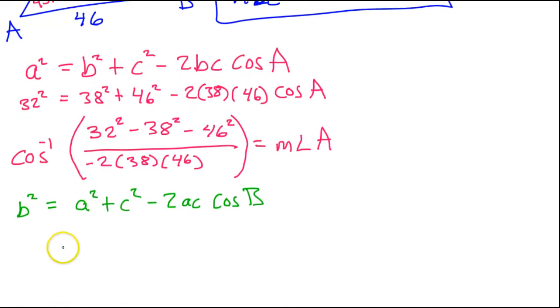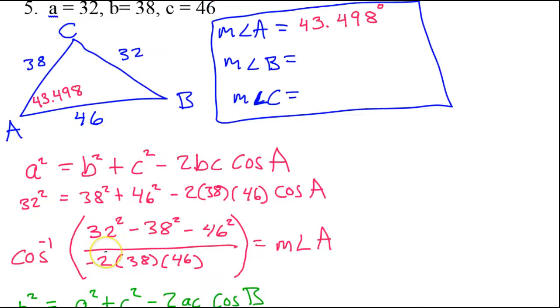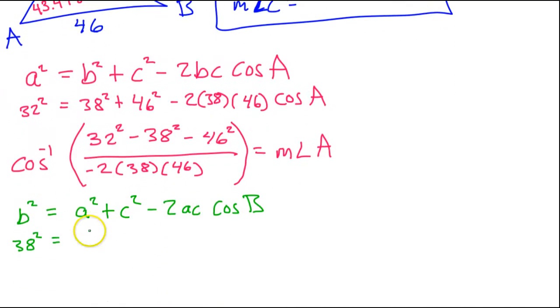So that's 38 squared is equal to 32 squared plus 46 squared minus 2 times 32 times 46 cosine of angle B.